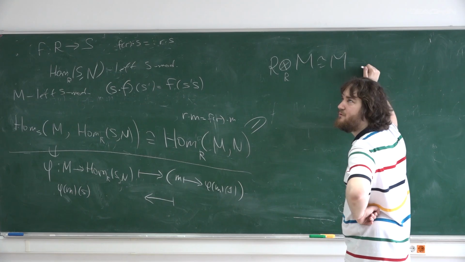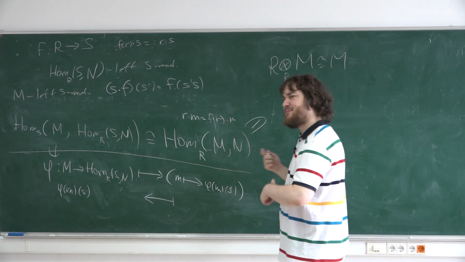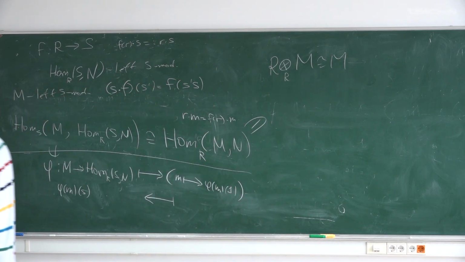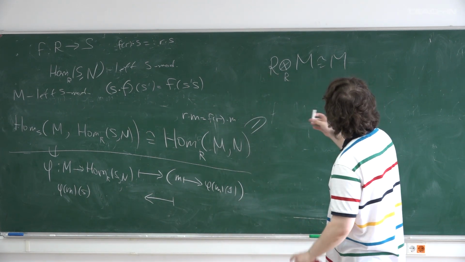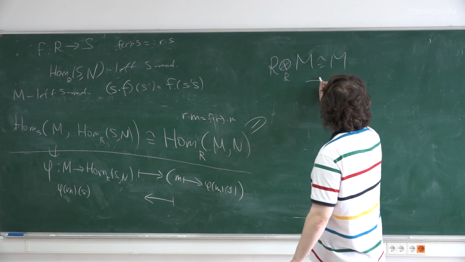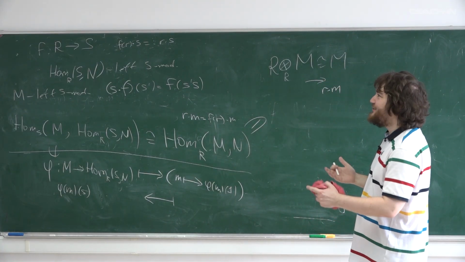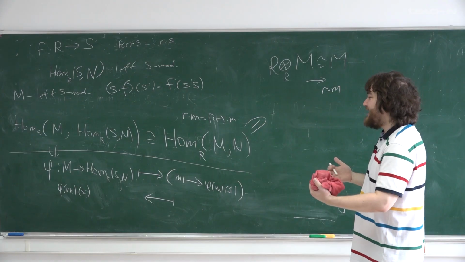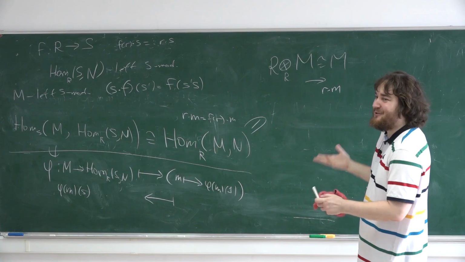Why is it true? If R is not unital, I think it's not true. We obtain some more complicated theory. I think this is true for unital rings. For example, the map from here to here is some kind of multiplication. If R is not unital, you can consider R which acts by 0 on some module, and this is the 0 map, so it's not isomorphic.